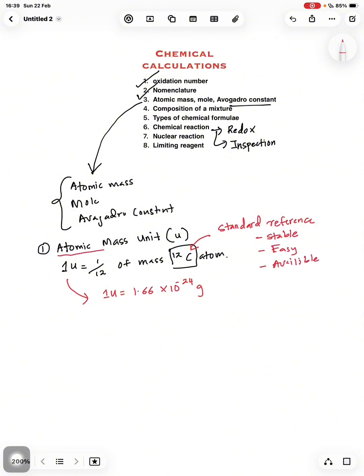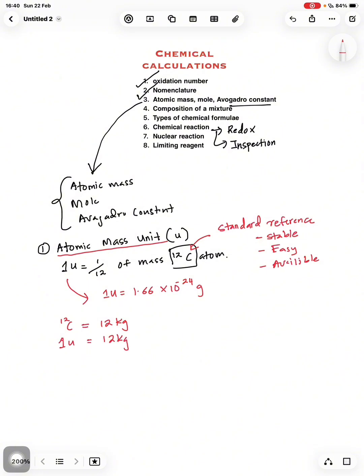Atomic mass unit is just a comparison unit, okay? It's like this. If we imagine carbon-12 is 12 kilogram, then 1U is 1 kilogram. That's what is simply meant here.